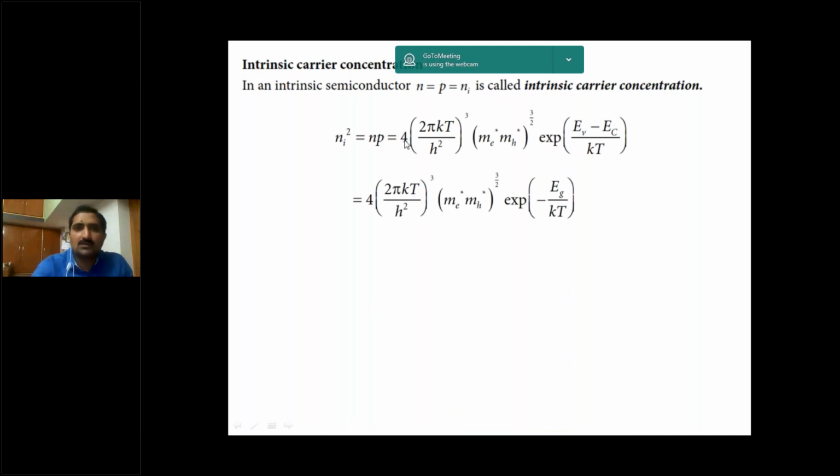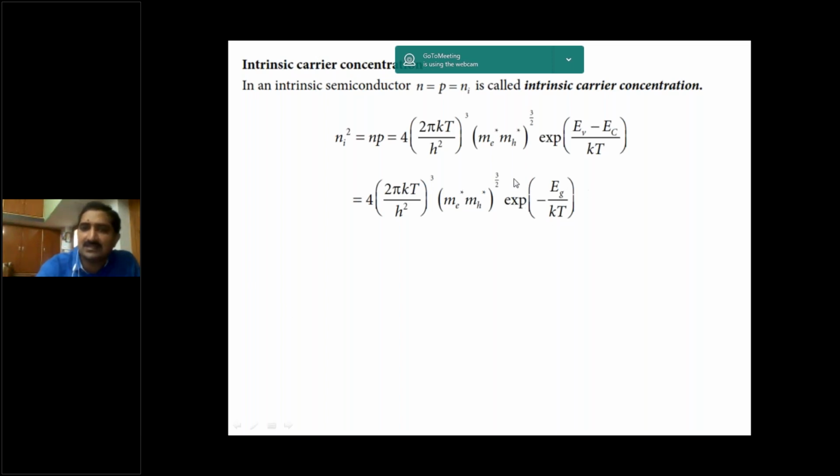So 4 into (2 pi kt by h square) whole power 3 by 2 plus 3 by 2, that is 3, (me star mh star) whole power 3 by 2 exponential of (Ev minus Ec) by kt, minus Ef plus Ef cancellation takes place. So 4 into (2 pi kt by h square) whole power 3 (me star mh star) whole power 3 by 2 exponential of minus Eg by kt.